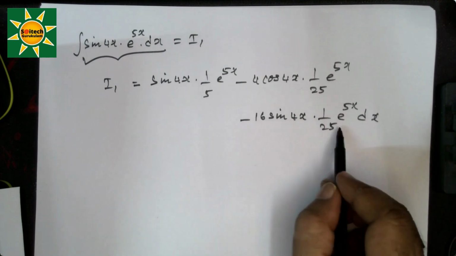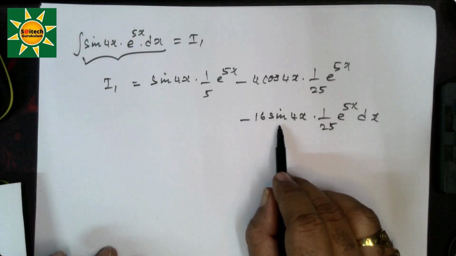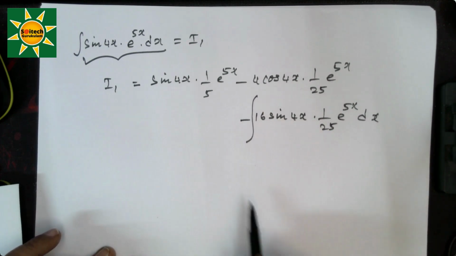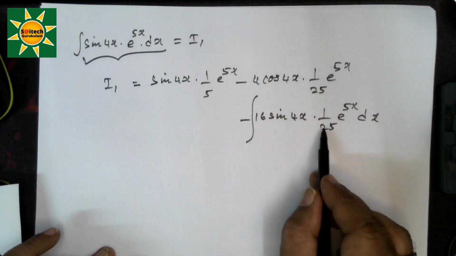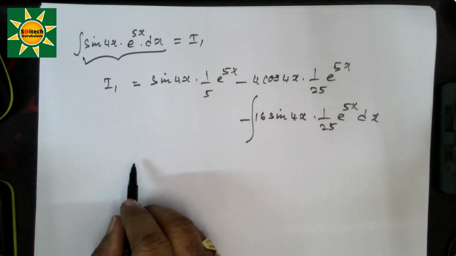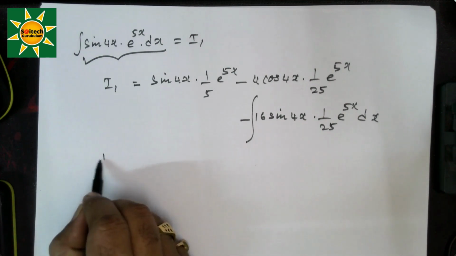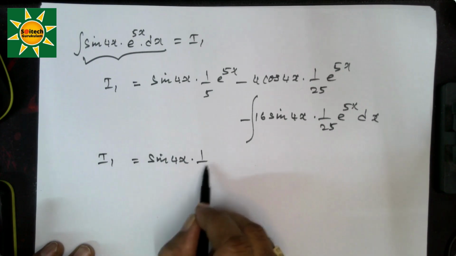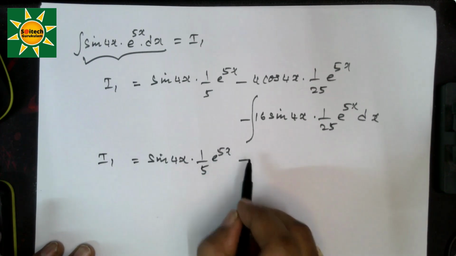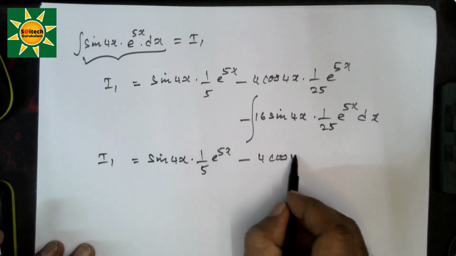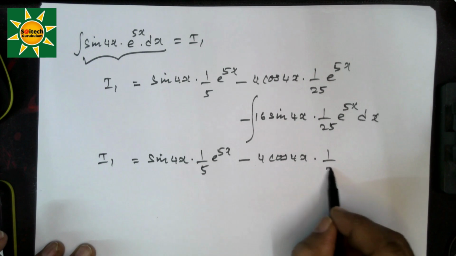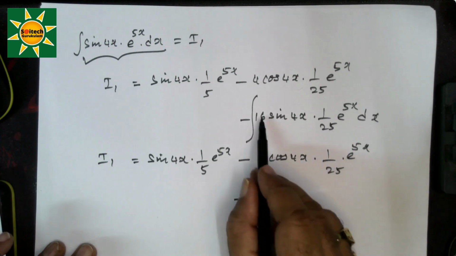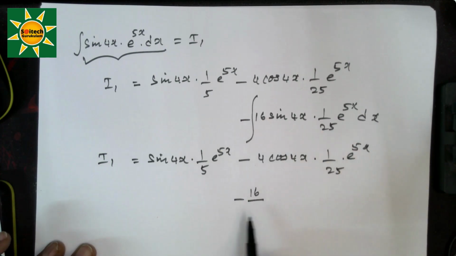Now this is u dv, this is v du, this is the integral, is it not? We can put like this. Let me take 16 by 25 outside the integral. So it becomes I1 is equal to sine 4x into 1 by 5 e power 5x minus 4 cos 4x into 1 by 25 e power 5x, and put here 16 by 25 taken outside the integral.